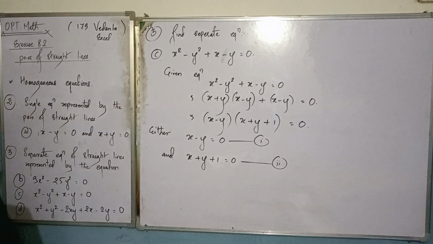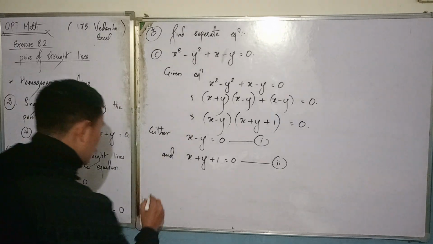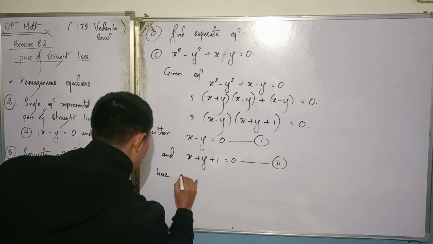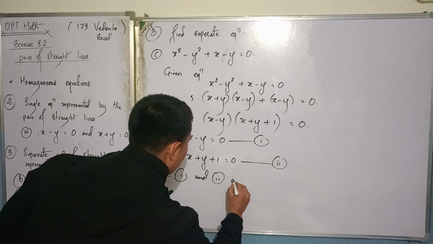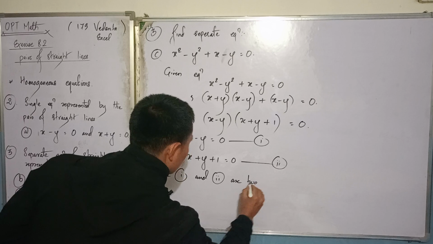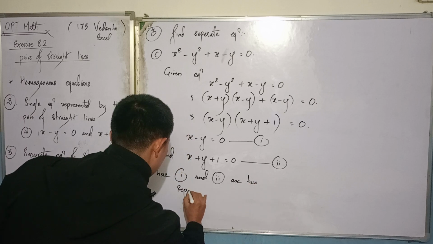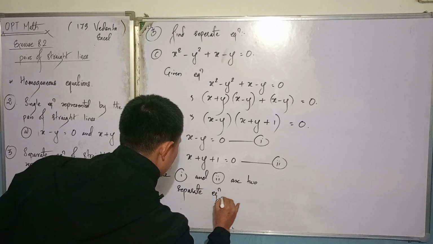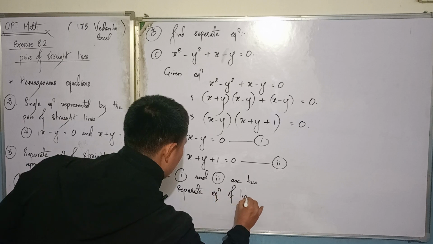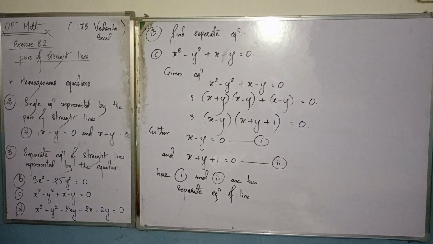Got it? Okay, so these two here, I and double I, are two separate equations of line. Okay, so this is how it is done.